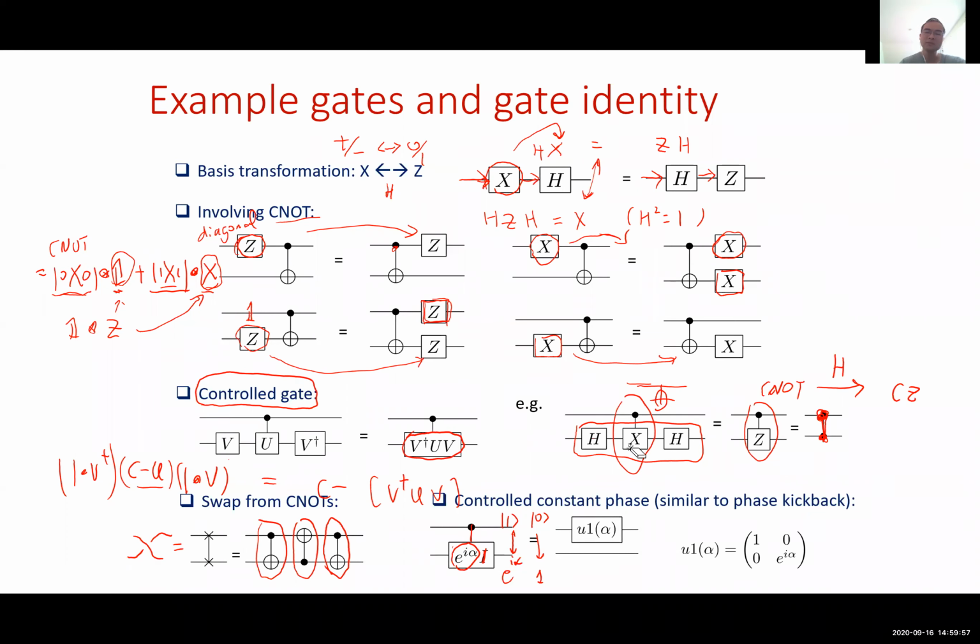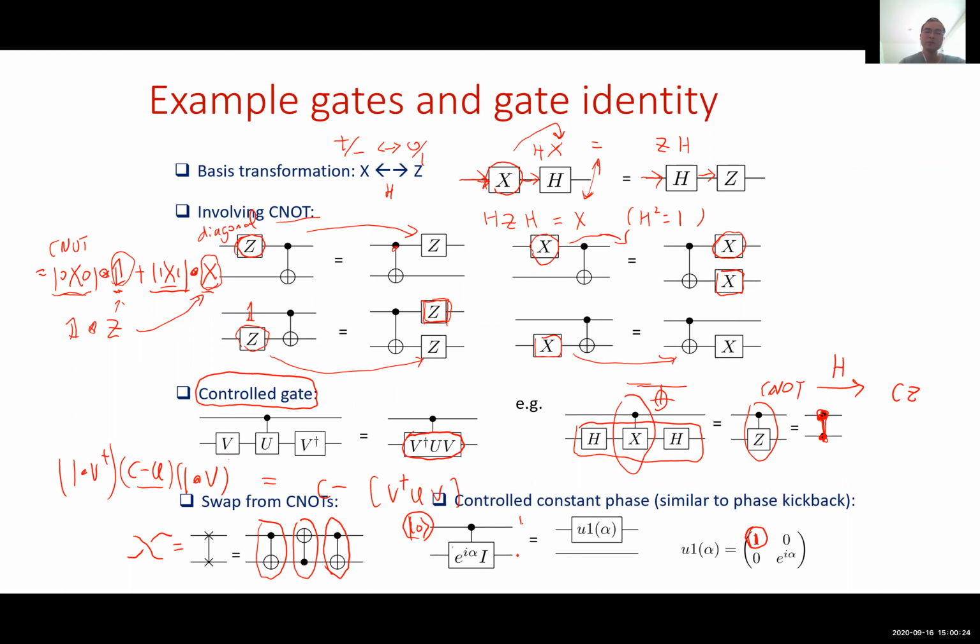This is easy to see. If the first bit is 0, then it does nothing, nothing is applied. So if the first bit is 0, here it's 1.